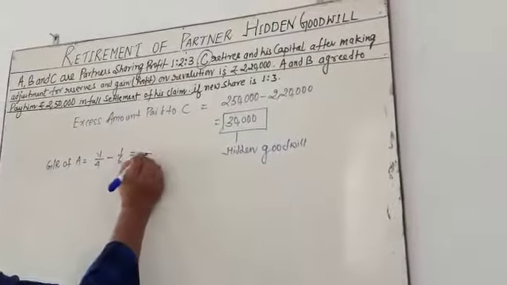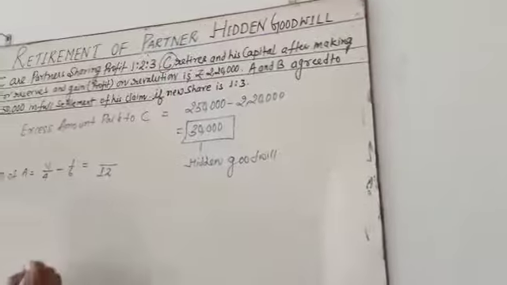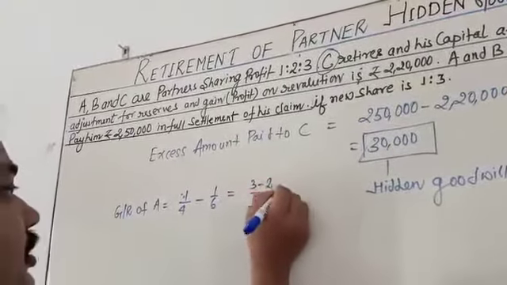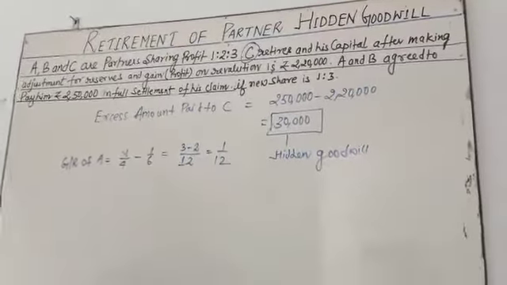The LCM is 12, so 3 minus 2 is equal to 1/12.